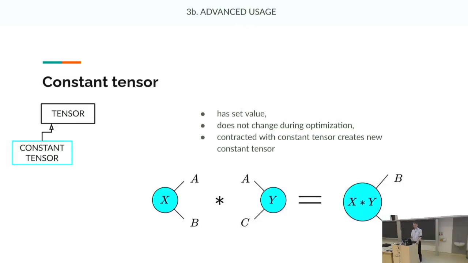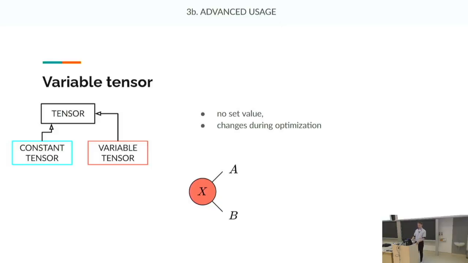Okay? There are also variable tensors, which don't have any value. You don't need to specify it when you create such a tensor, and they will change during optimization.